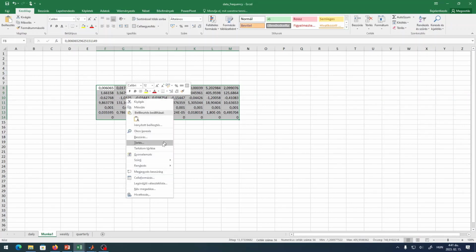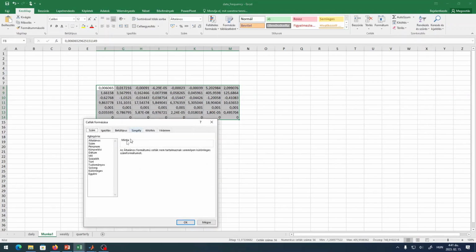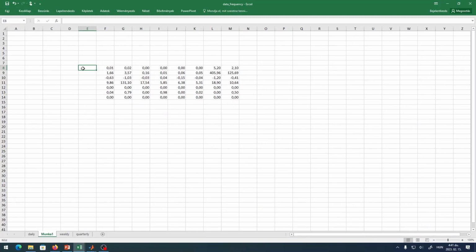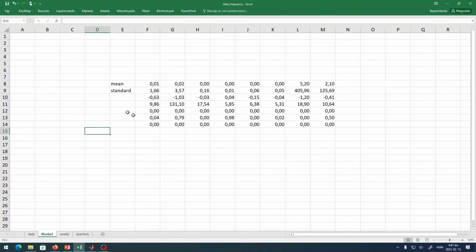So let's remove this. Oh, sorry, I'm using Hungarian settings, but yeah. After some formatting, we have the mean, we have the standard deviation. I'm zooming in because it can be highly non-visible.